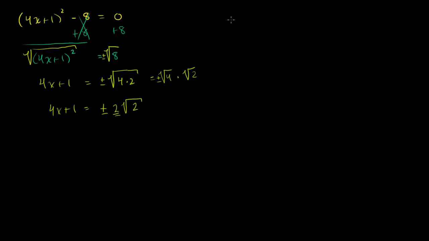We could write this as 4x plus 1 is equal to the positive 2 square root of 2, or 4x plus 1 is equal to the negative 2 times the square root of 2. This one statement is equivalent to this right here, because we have this plus or minus, this or statement. Let me solve all of these simultaneously.